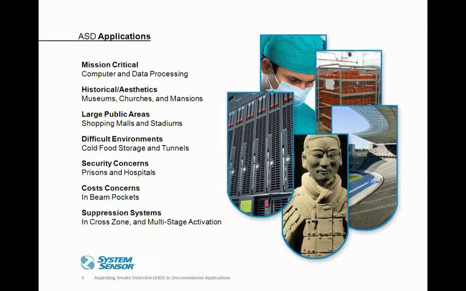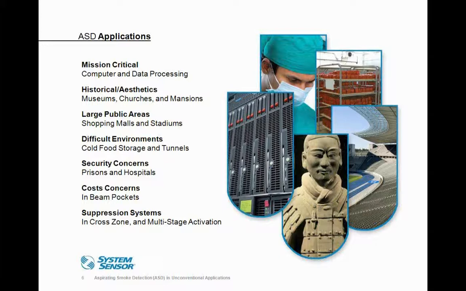Aspirating smoke detectors also offer flexibility in their placement. Because these detectors can cover a large area through the piping network, the detector itself can be mounted outside the protected space. This allows end users or technicians to easily access the detector without having to enter that protected space, which lends itself to some more challenging applications for standard smoke detectors.